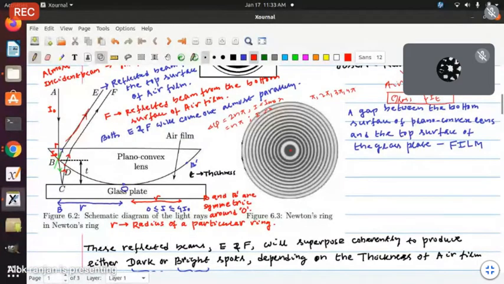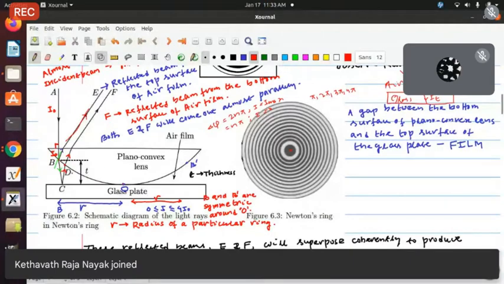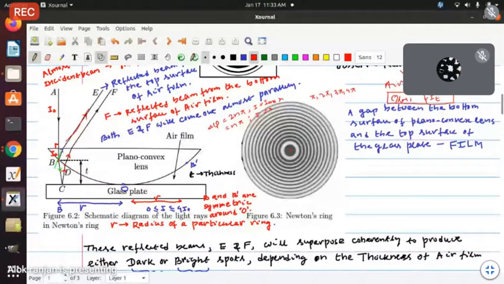This point B is a distance r from the center. So what is happening at the point B? The same scenario must occur on the surface if you move away at a distance r from the center. So let me draw.